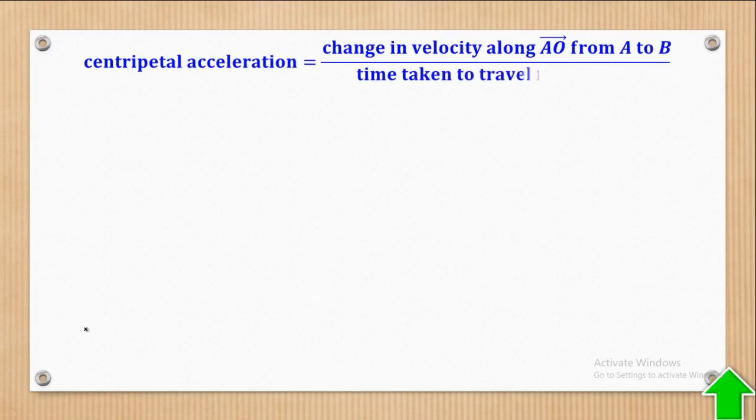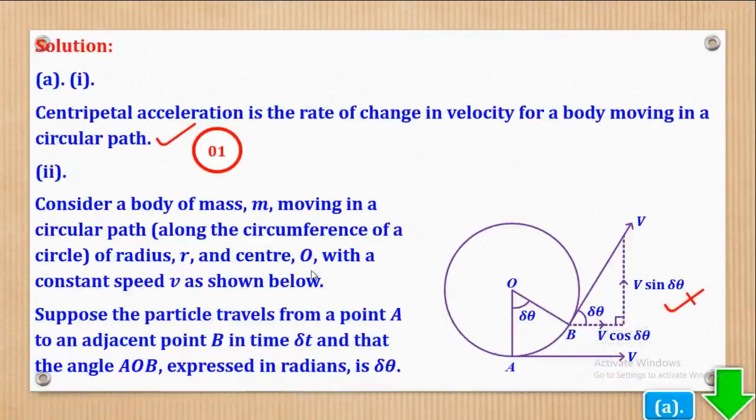So next we have to say that centripetal acceleration is equal to change in velocity along AO from A to B over time taken to travel from A to B. So change in velocity, let's first go back to this diagram. Change in velocity along AO, because remember centripetal acceleration always acts towards the center. So along AO, at point A, this velocity is entirely horizontal, meaning that the vertical component is 0.